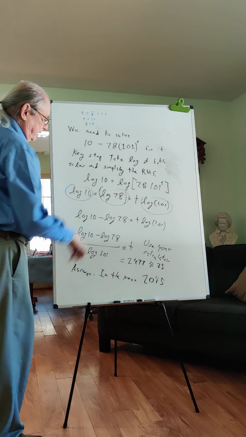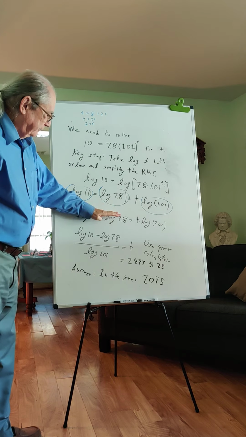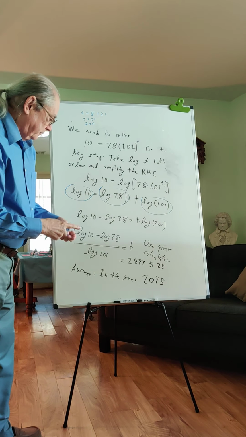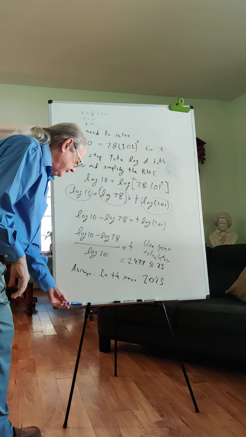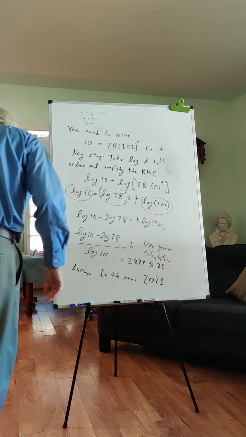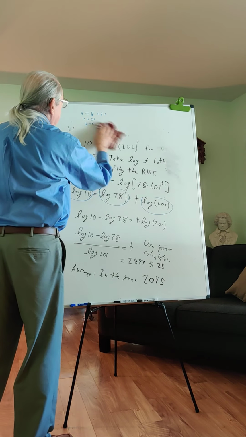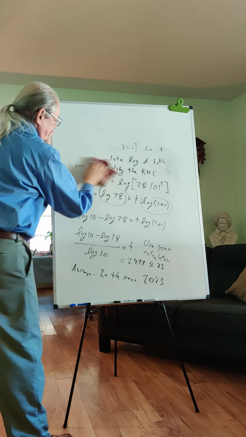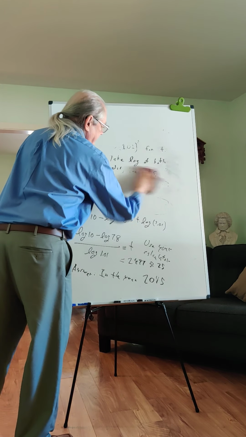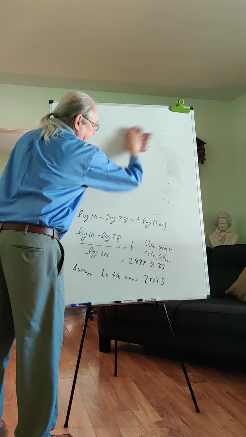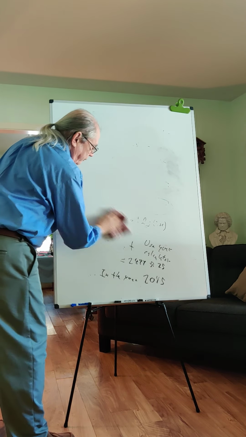So that's all we're doing here. We're subtracting log 7.8 from both sides, and we're dividing both sides by log 1.01. Okay, so let's do another one. And I'm hoping you'll see the same pattern reinforced here.